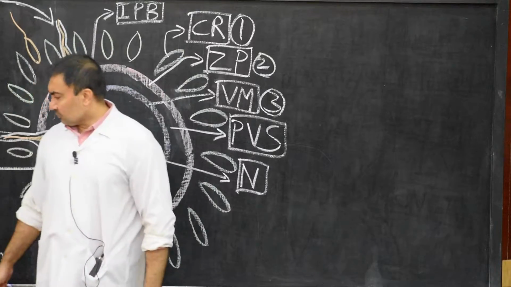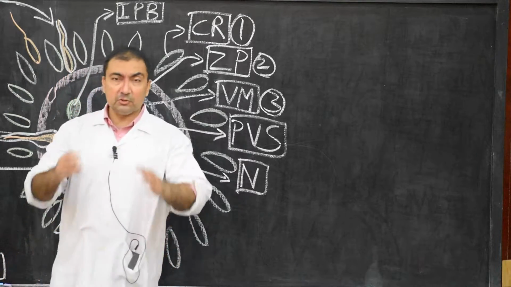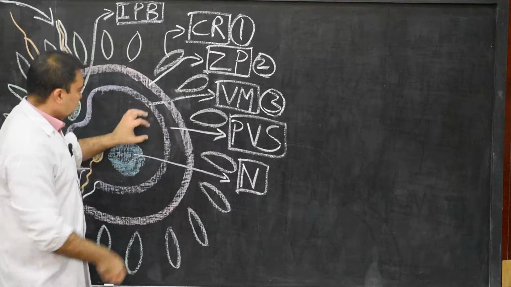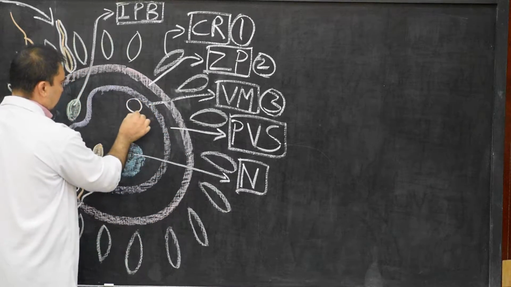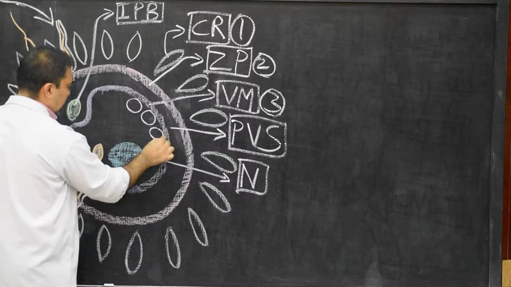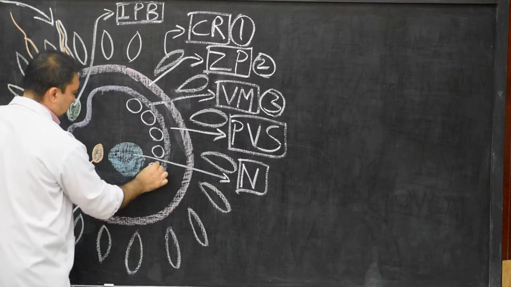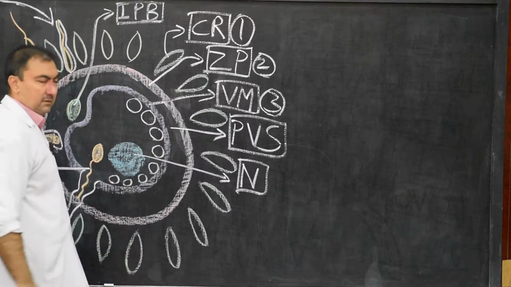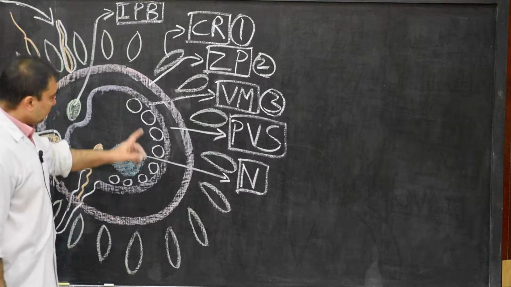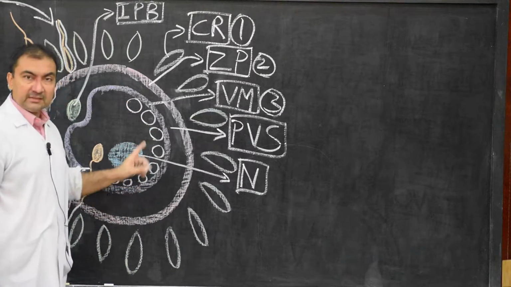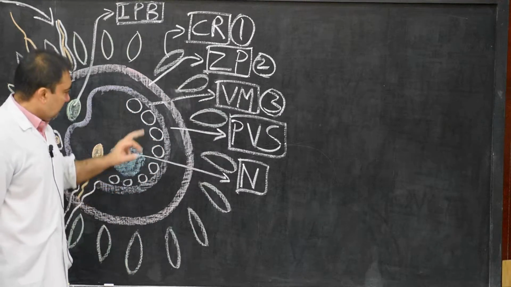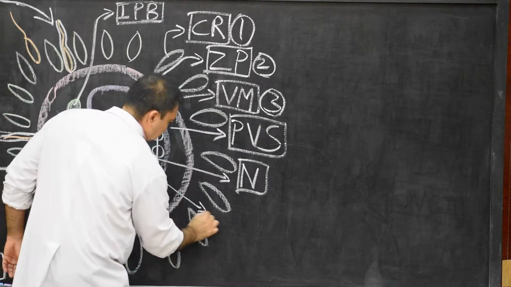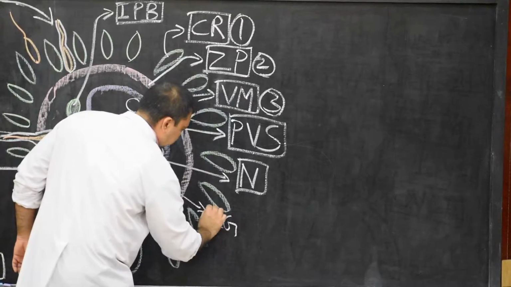So therefore, the zona reaction will be produced by the many cortical granules present in the periphery of the cytoplasm of the oocyte. Within the ooplasm of the oocyte, please name them as cortical granules.